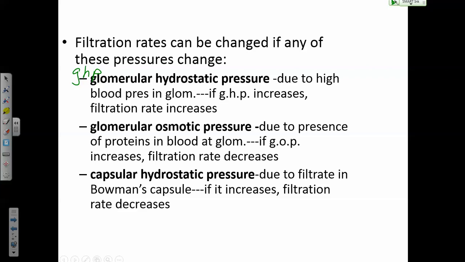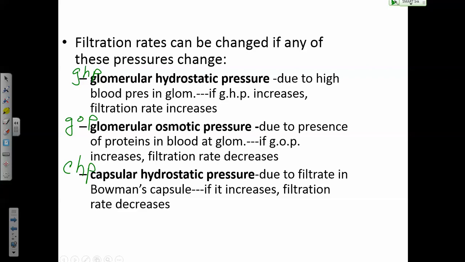And then there's glomerular osmotic pressure. That's due to the presence of all the things dissolved in the blood plasma at the glomerulus. The higher that is, the less filtration will occur. Remember, an osmotic pressure is a pulling pressure, or keeping pressure, for water. And then there's also fluid pressure in the Bowman's capsule, called capsular hydrostatic pressure.